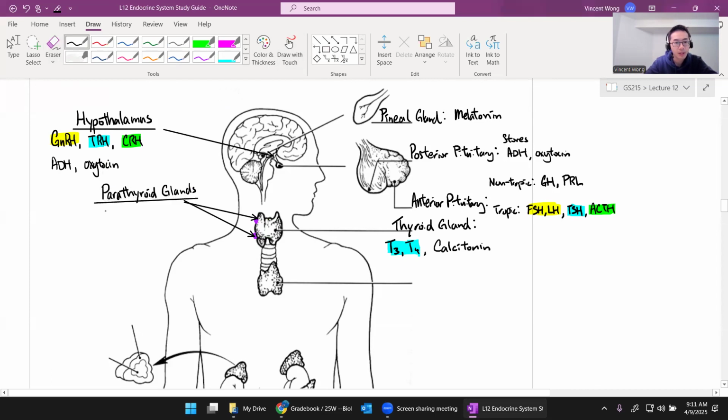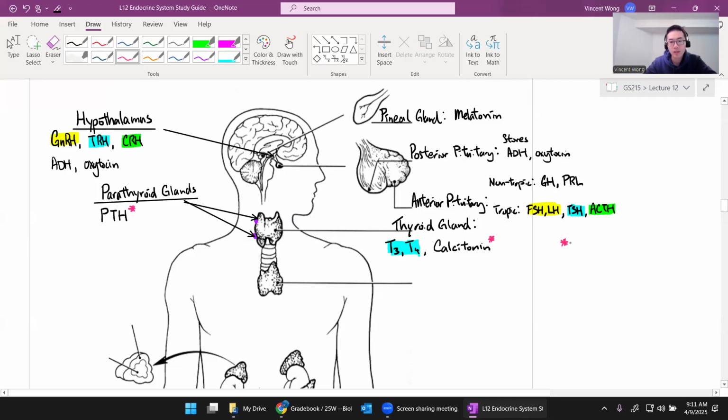And the parathyroid glands secrete parathyroid hormone.